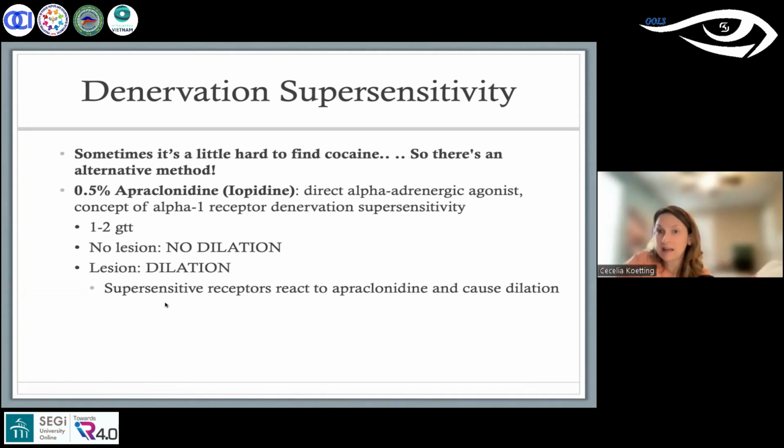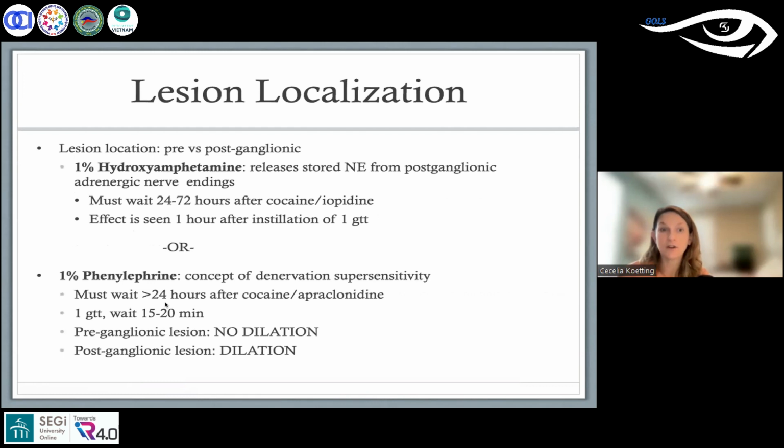So what do you do past that? Well, you can continue to localize the lesion. You can use hydroxyamphetamine or phenylephrine. Again, we don't typically have hydroxyamphetamine. We often have phenylephrine because we're using that for dilation. You can do a dilution of it, so ours is typically 2.5% phenylephrine.